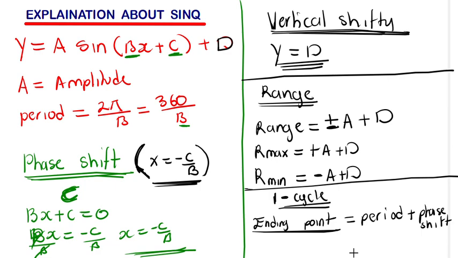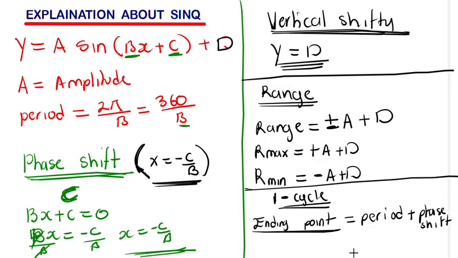So these are the main things that you need to take note of when it comes to drawing the graph: first the amplitude, then the period, then the phase shift, the vertical shift, and also the range. You use the range when you have the vertical shift.